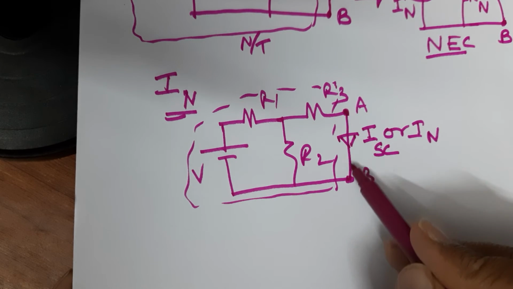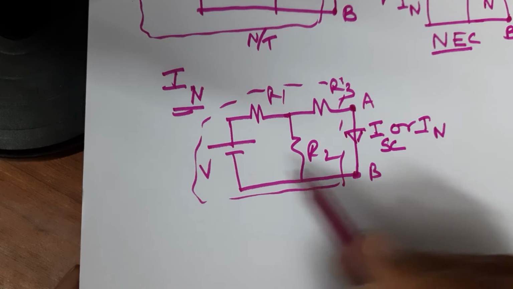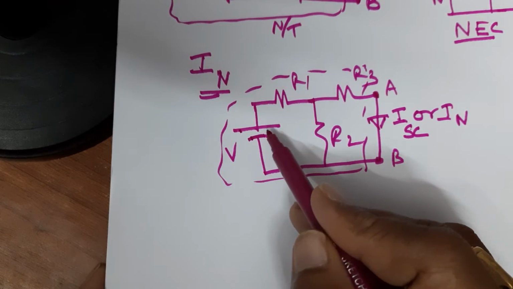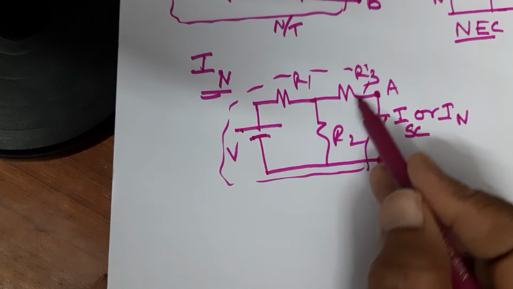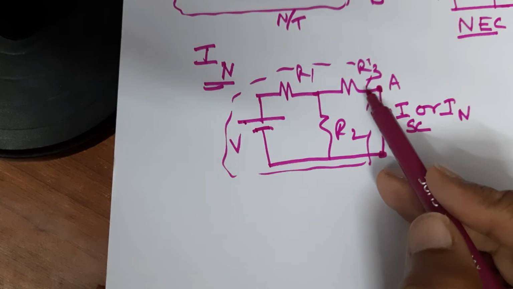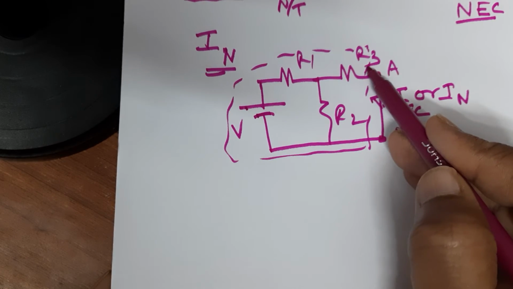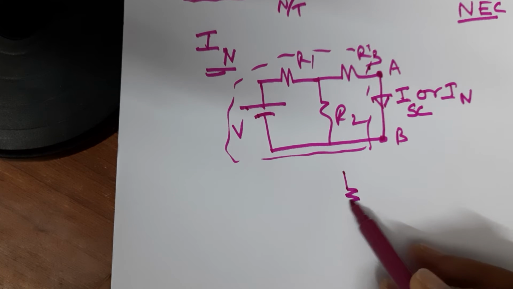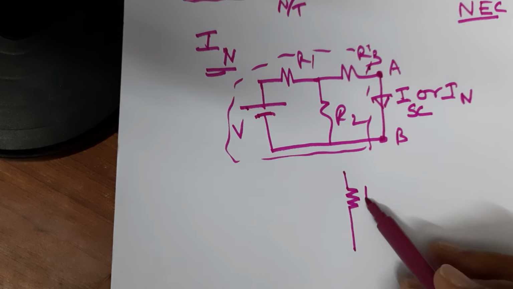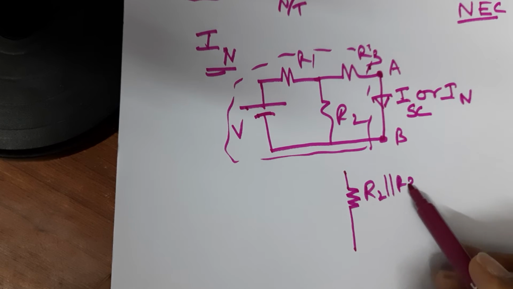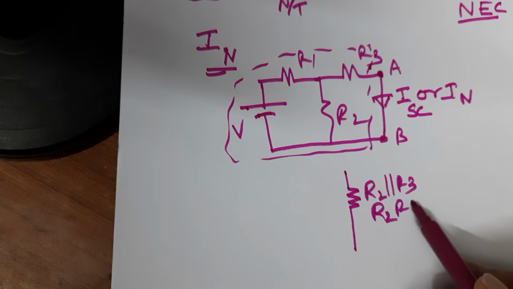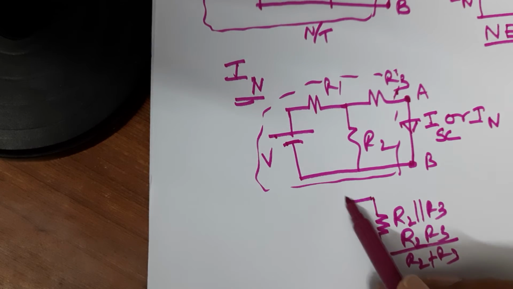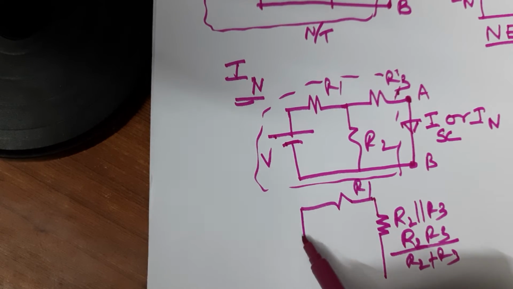How to find the current flowing through this resistance? With the voltage source V, first of all, from the left side, if we reduce the network, the resistance R3 is connected in parallel to R2. So R2 parallel R3, that is R2 R3 by R2 plus R3, and that is connected in series with R1.